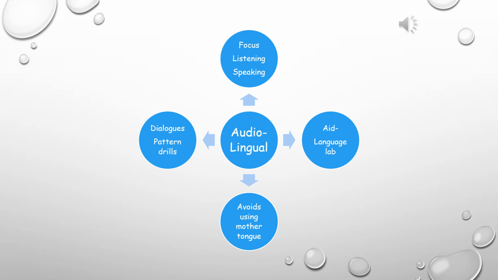It gives learners an opportunity to mimic a model and memorize language patterns. Like the direct method, the audiolingual method also tried to avoid the use of mother tongue. Dialogues were the main features of audiolingual method. Pattern drills were an essential part of this method and used as an important technique of language teaching and learning.